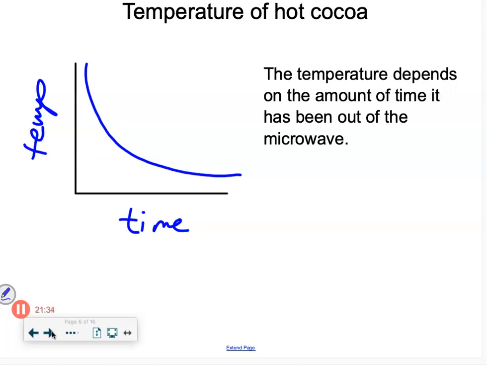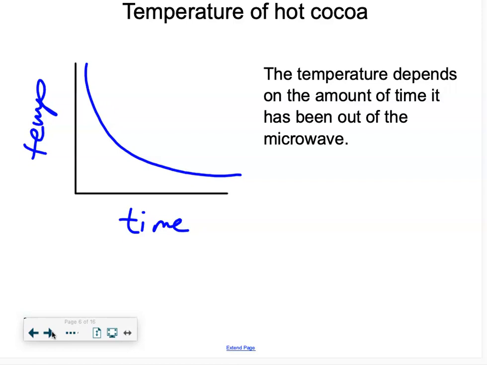The rate is proportional to the difference between the temperature of the cocoa and room temperature. If the difference is big, the rate is big. If the difference is small, the rate is small. The bigger the difference, the faster the rate. That is what Isaac Newton came up with.